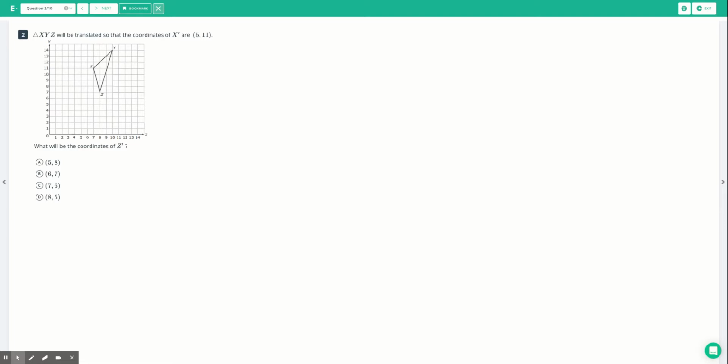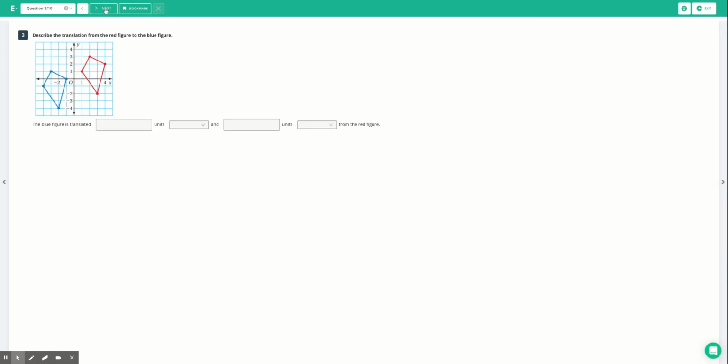If I'm going to keep these triangles congruent, all points need to move the same as every other point. So Z will be over 1, 2 points, and it will land at 6, 7. So B would be your correct response.